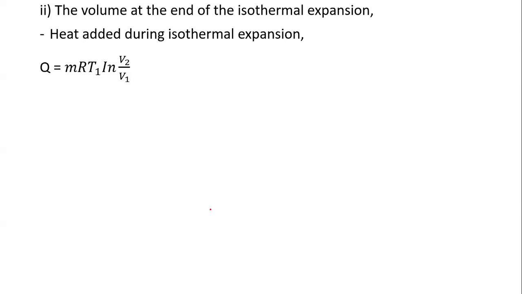The volume at the end of the isothermal expansion. So with this one, we go back to the formula for the heat added. We were told that during the isothermal expansion, the heat that was generated is actually 40 kilojoules. So we use this formula and make use of the 40 kilojoules to reveal that volume.